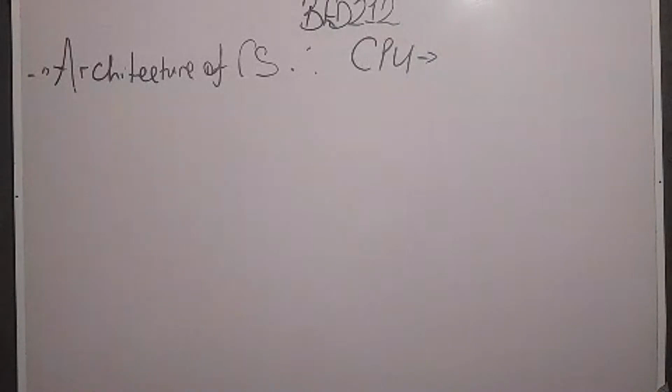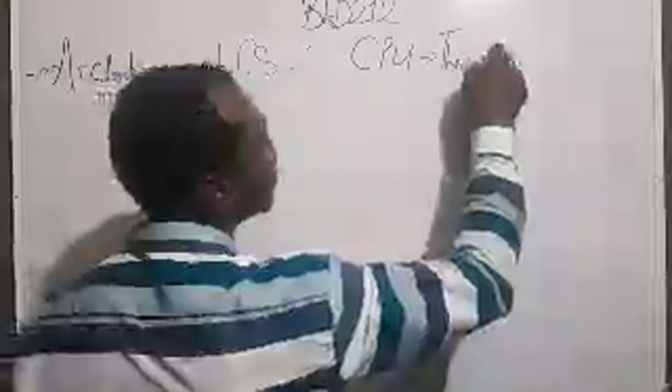Are we together? Now, the CPU is the brain, and the brain does a lot of things. Sensory motions, thinking faculty, decision making, everything we do, definitely the brain gives the go ahead.